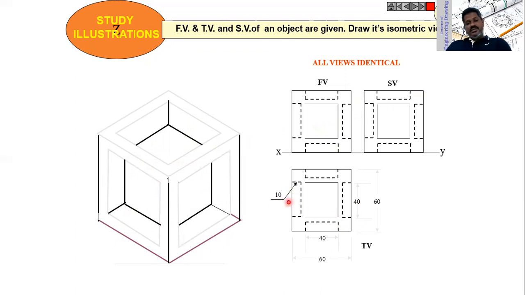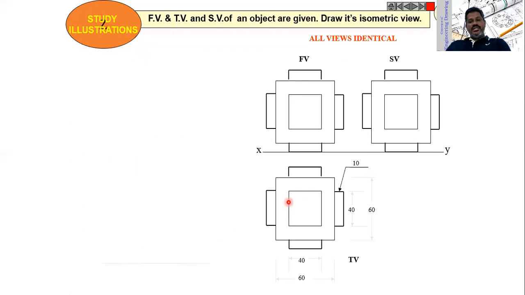Okay. Now let me move further to take one more problem. As of now, you have seen we have depression, but here we have the projection. As you can see here, you have a cube. In this case also front view, side view, and top view are similar, but in the previous problem each face is having depression of 40 and depth 10, but now it is the projection of 40 and 10.